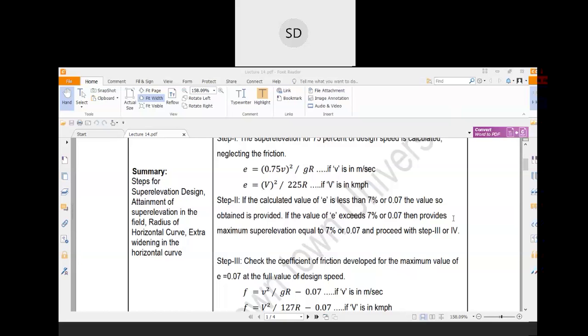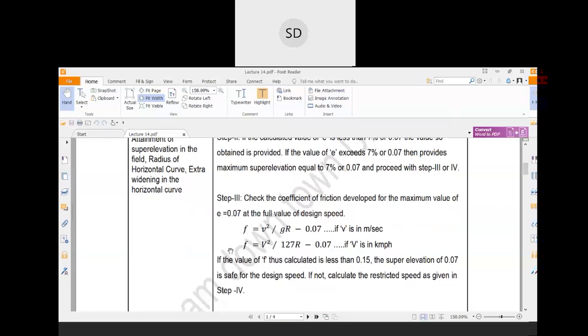In the next step, consider the E value as 0.07, and using that equation find out the value of F. Your value of F would be V square divided by 127R minus 0.07, that is 80 square divided by 127R minus 0.07.